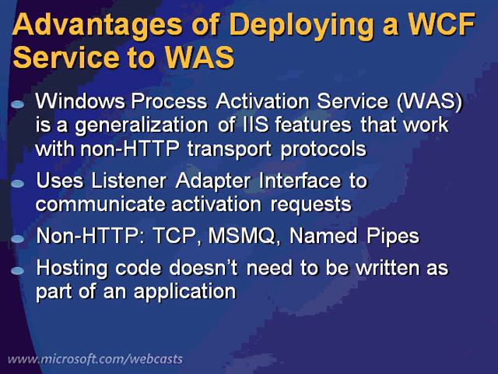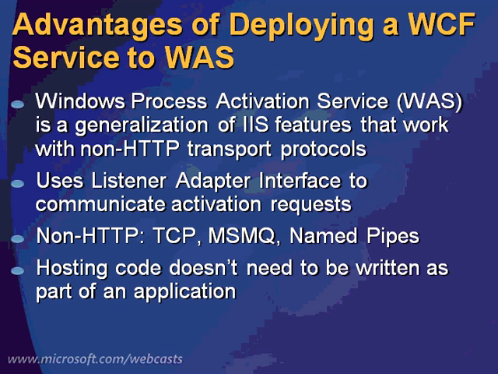Some of the things that you can do inside of Windows Activation Service is work with non-HTTP bindings. So if you're doing TCP or named pipes or MSMQ, you can host those inside of WAS. And the Windows Process Activation Service has a very similar deployment capability. We basically go out and create the service file and then add the functionality to it.